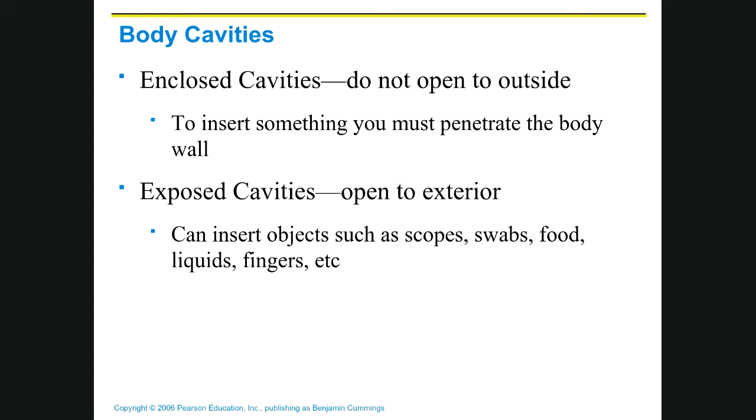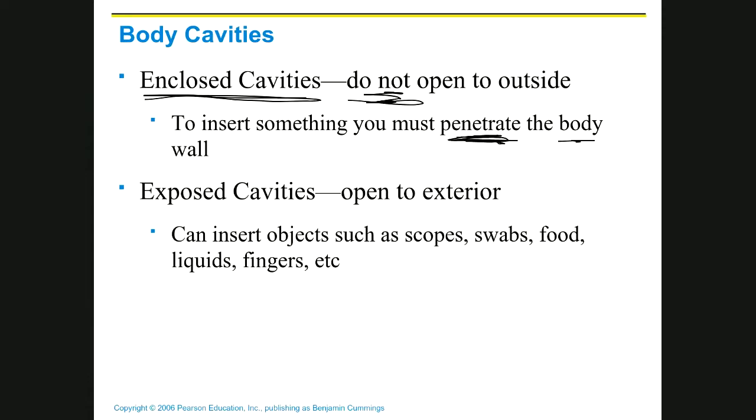The kind that do not open to the outside are called enclosed cavities. So the only way to get into an enclosed cavity is to penetrate the body wall. You have to take a needle or a trocar or something to penetrate the body wall to get into these cavities.